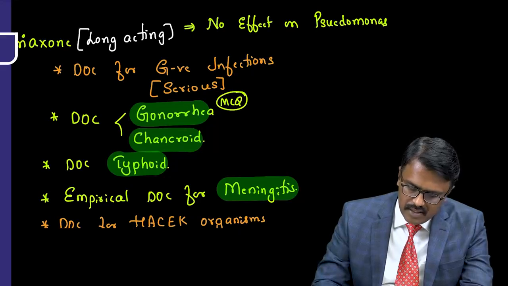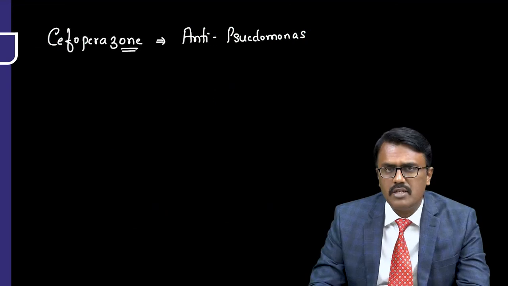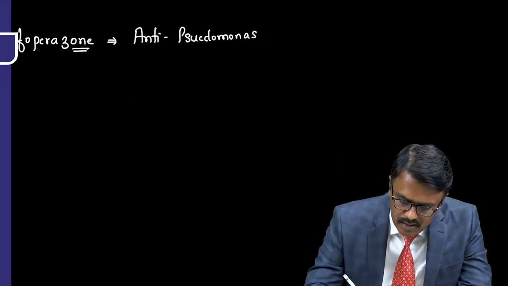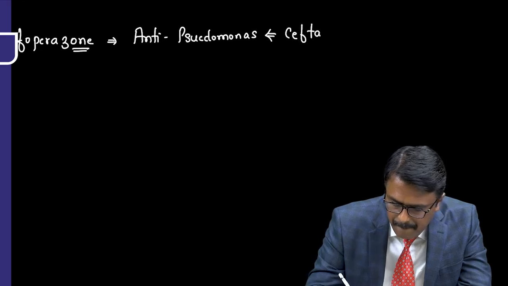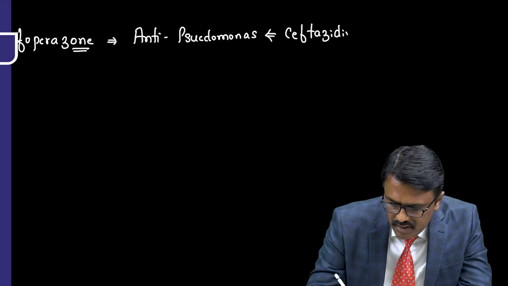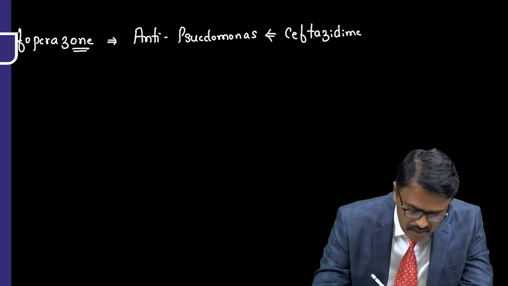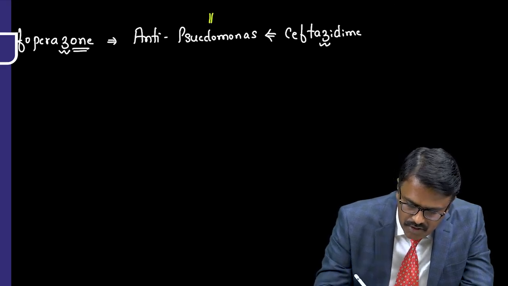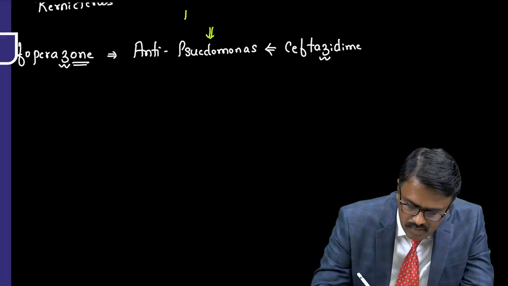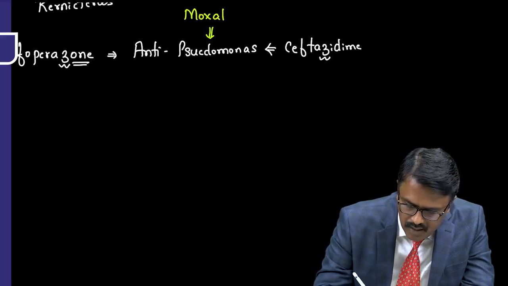Now come to the drugs. The cephalosporin which has anti-Pseudomonas property is cefoperazone, and another is ceftazidime. Remember, these drugs have Z in their name. And one more older drug which you have forgotten is called moxalactam.